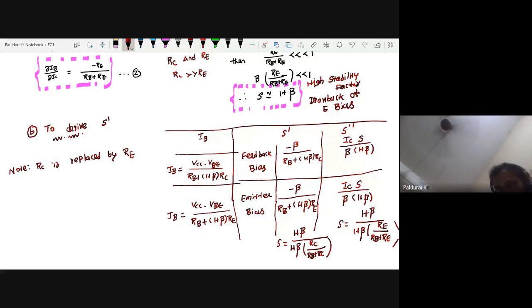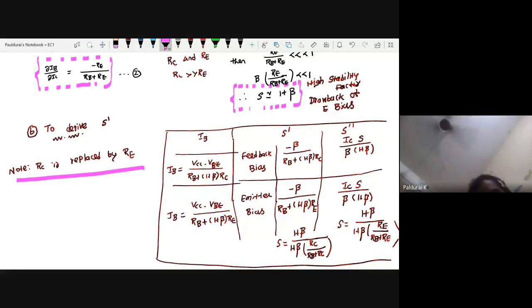So now, no need to derive this separately. You guys, please derive it by yourself. You know how to derive S dash and S double dash. For collector to base, take the same derivation, same flow. You just want to replace RC by RE. This is the keyword. Same flow. Take it as an assignment.